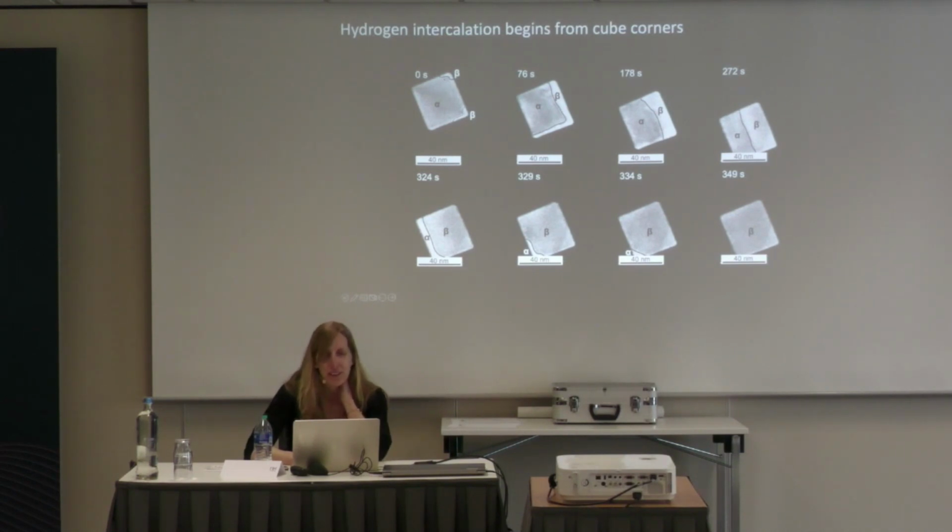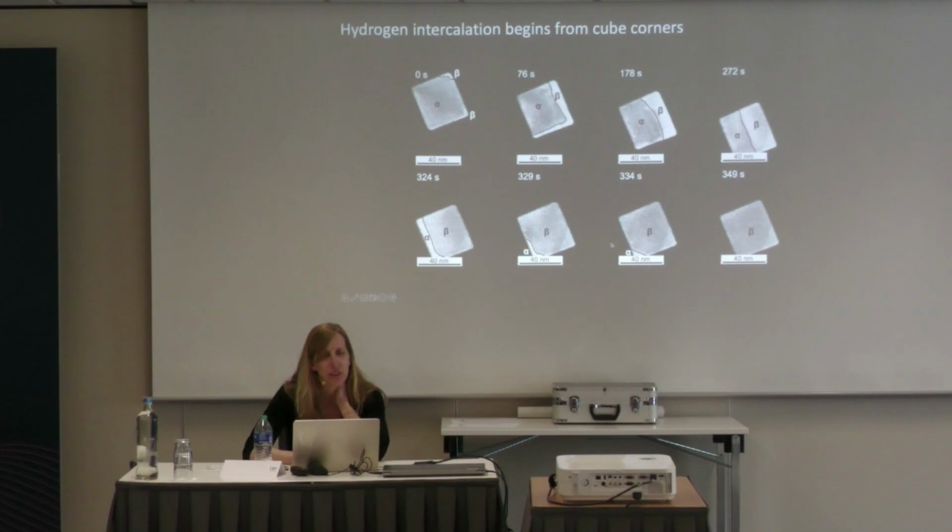It forms this diagonal interface, and then it looks like the hydrogen's diffusing along the edges until eventually it stabilizes along this 100 type interface, and then starts moving across the nanoparticle until it's fully hydrogenated.